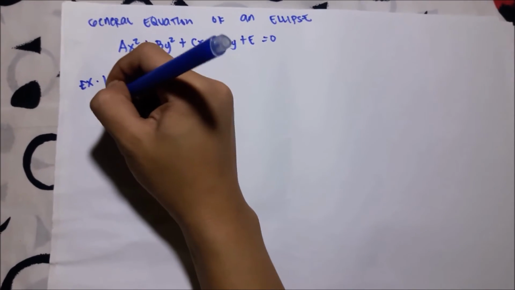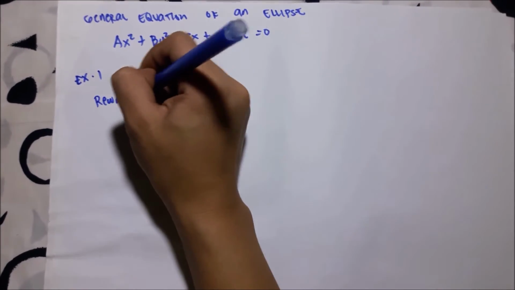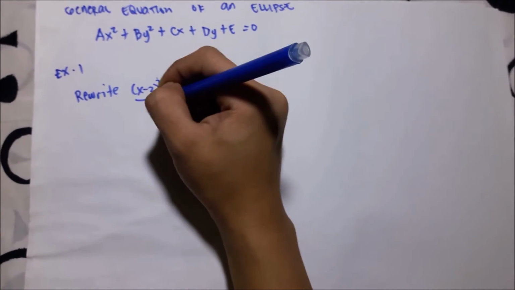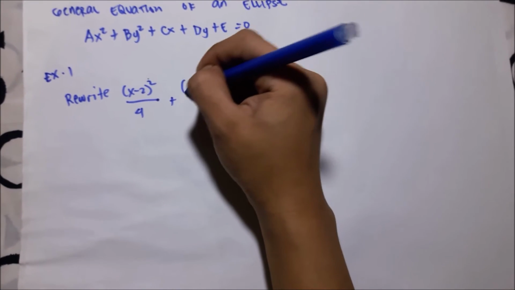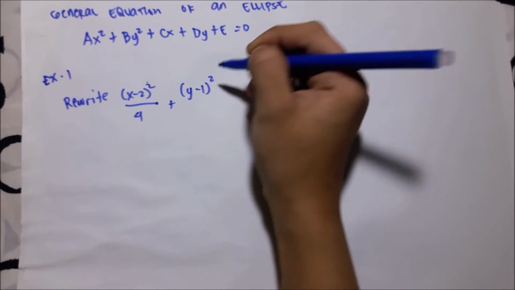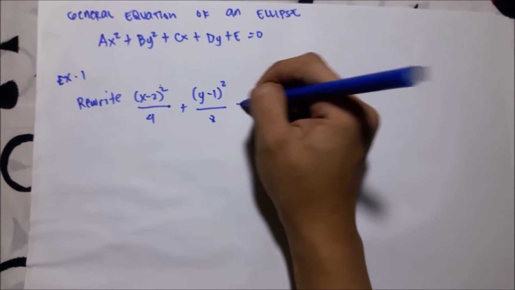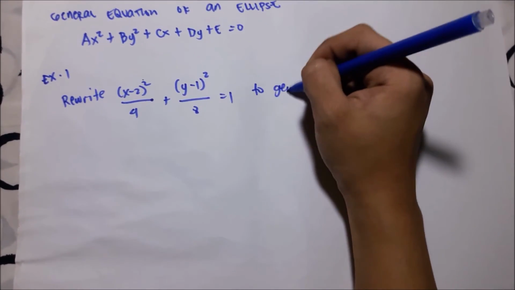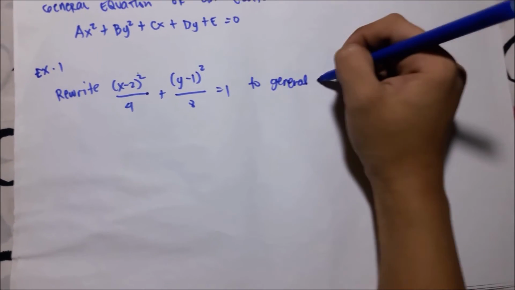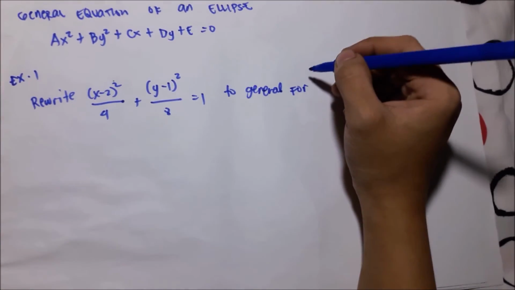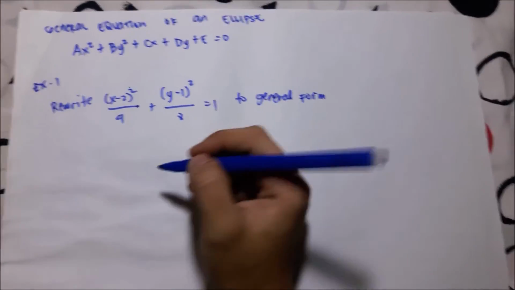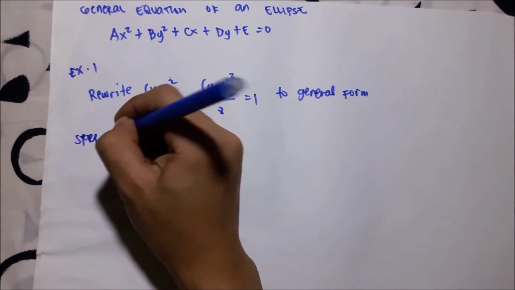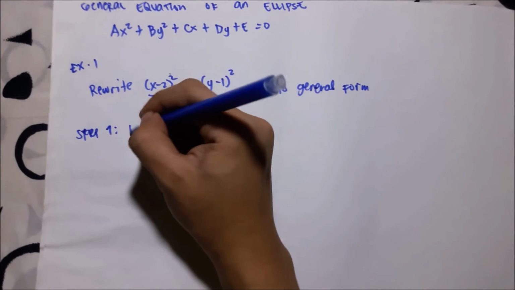Rewrite the quantity of x minus 2 squared over 4 plus y minus 1 squared over 8 equals 1 to general form. So the first step, step 1, you're going to multiply by the LCD.